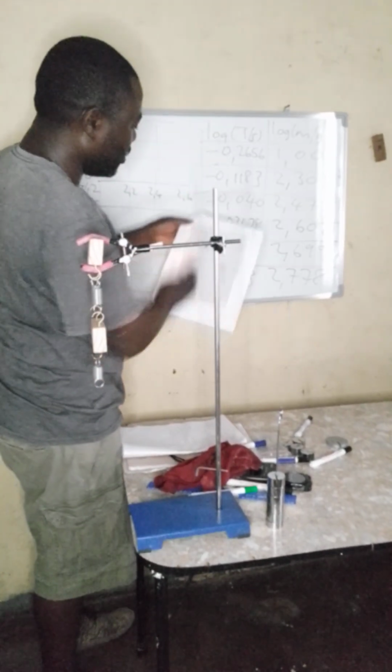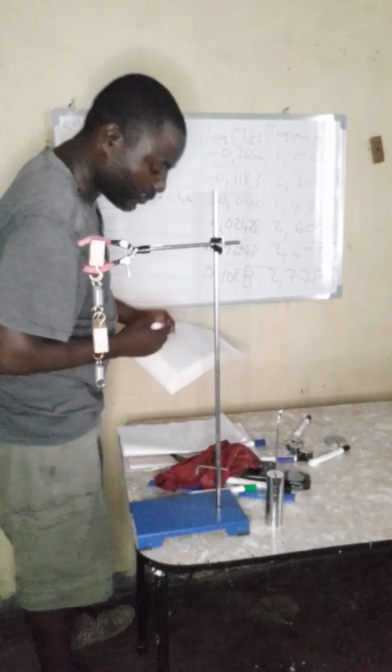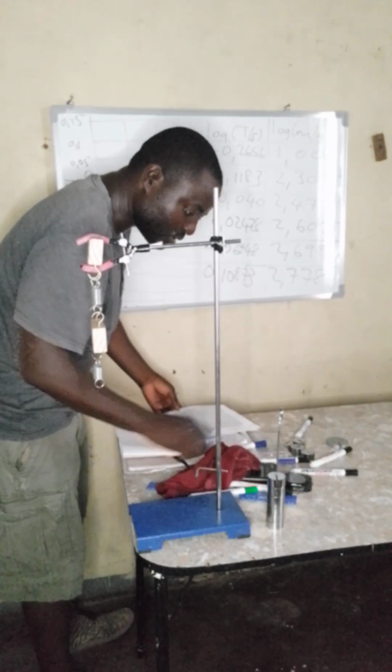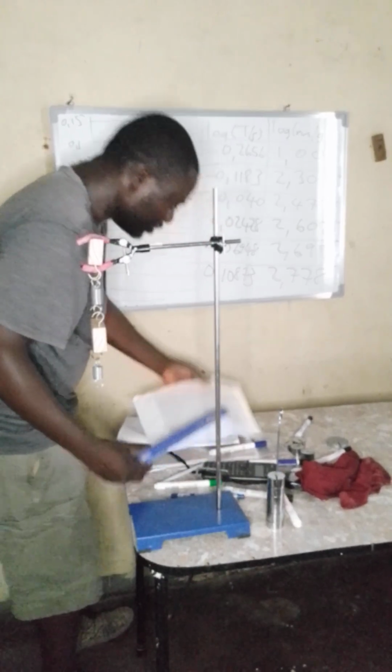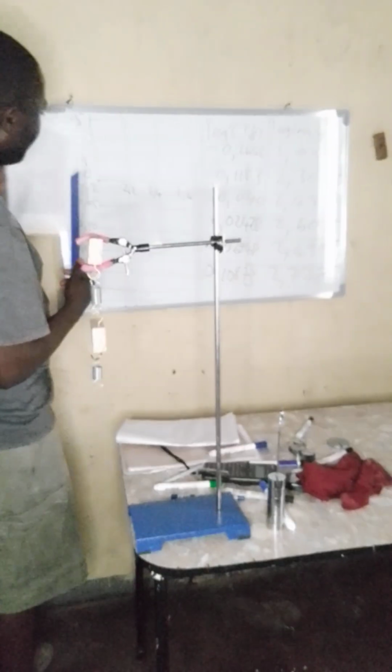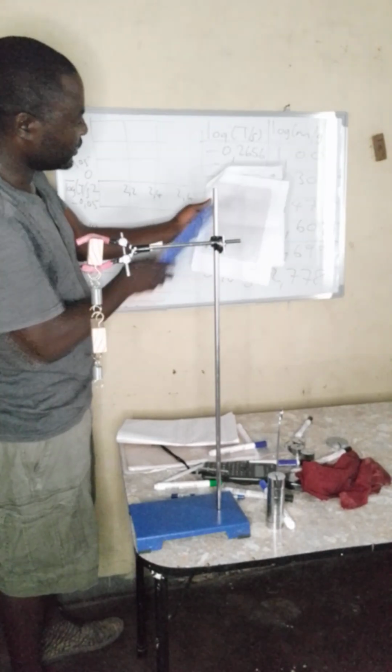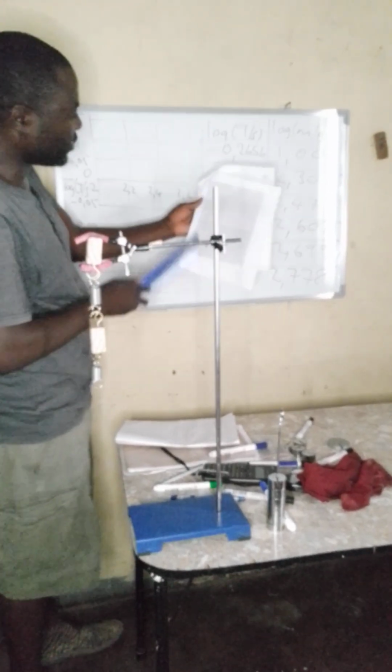So this is the space over which you should draw the graph. So here's our rule. Can you see? I should fill all the space with log t.